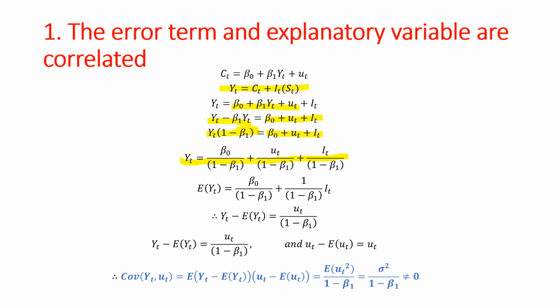Now the first term, beta naught over 1 minus beta 1, is simply a constant. So after taking the expected value for both sides, we will have the expected value of Y equals beta naught over 1 minus beta 1. This is constant. And then remember that the expected value of U equals 0. So this term will be cancelled. And remember that I is an explanatory variable. It's deterministic.